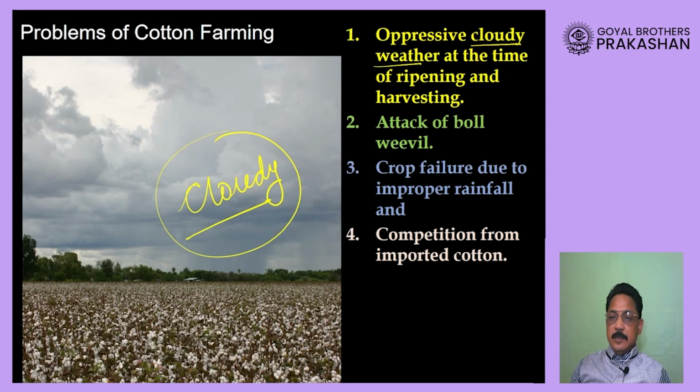It means cotton crop cannot tolerate this kind of climate, because when it becomes cloudy, there is one insect, one pest, its name is boll weevil, that attacks this plant and ultimately destroys this entire plant.